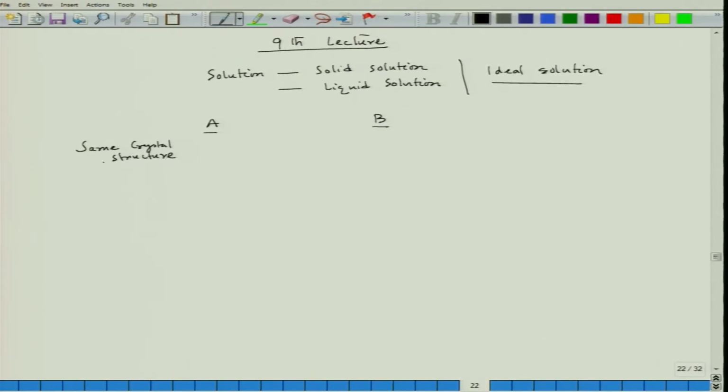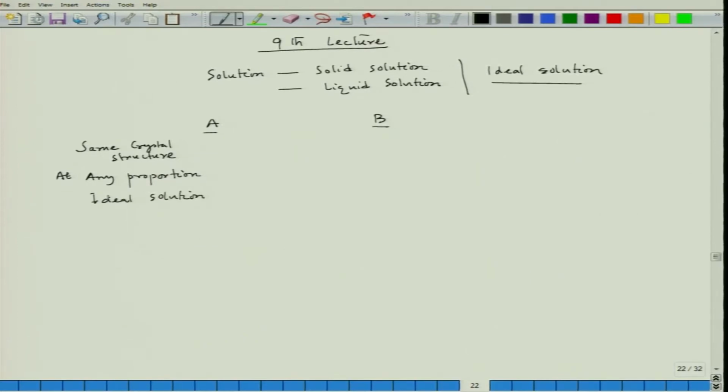And we also assumed that they can be mixed in any proportion, means we can vary the concentration from pure metal A to pure metal B, the entire range, and we are also assuming that they would form ideal solution.